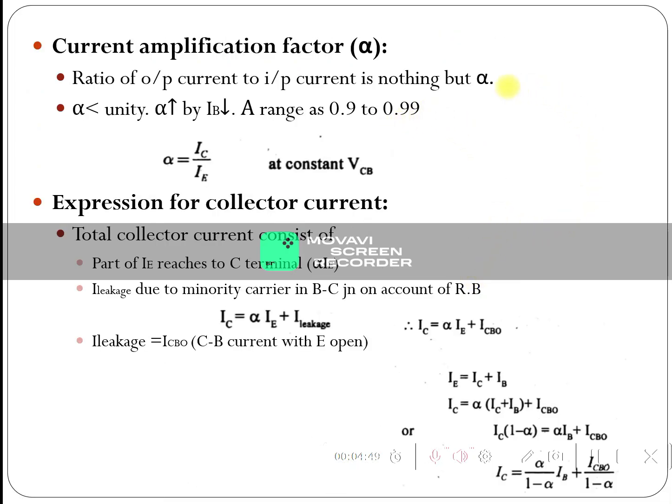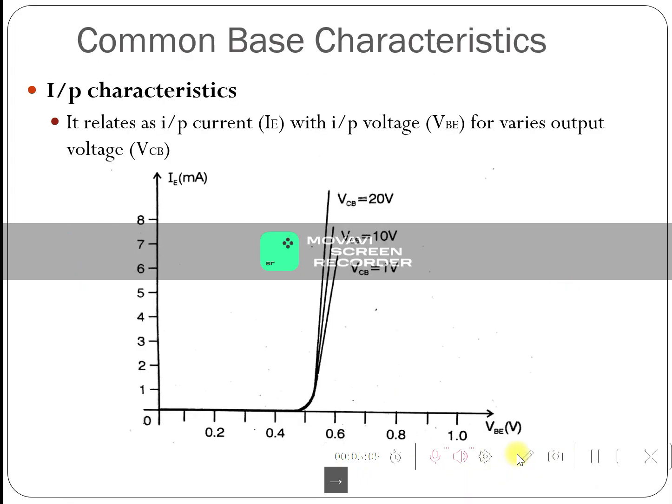Current amplification factor alpha: alpha is equal to IC divided by IE. Collector current IC is equal to alpha IE plus ICBO, that means the leakage current. This is the common base characteristics. For input characteristics, we draw with x-axis base to emitter voltage and y-axis emitter current in milliamps.